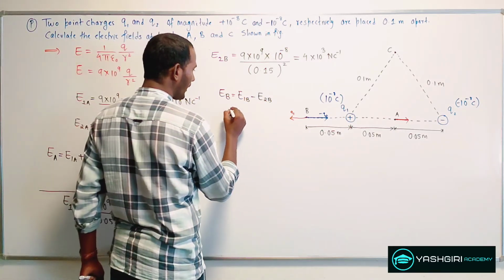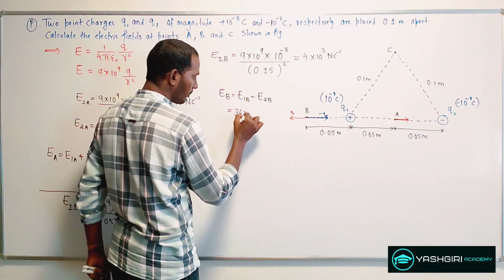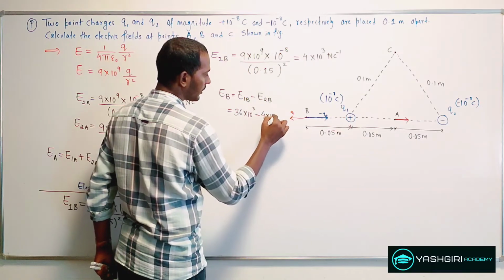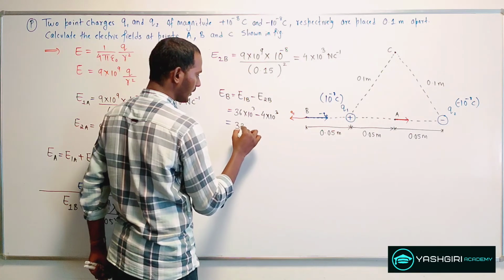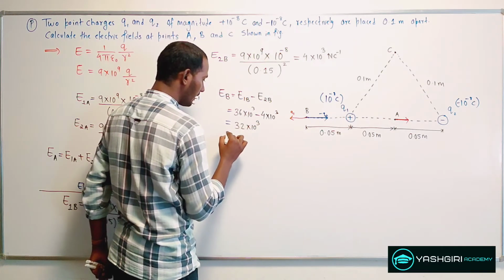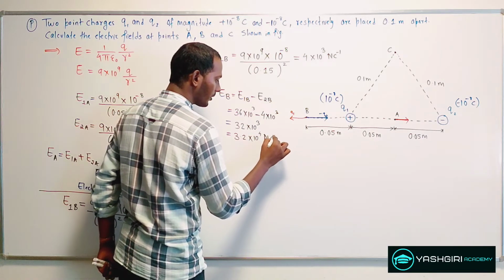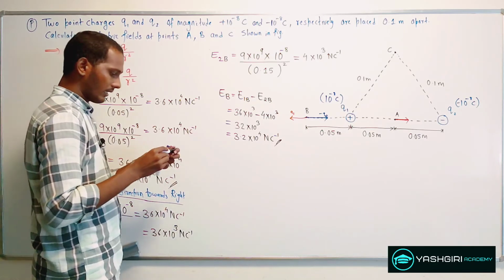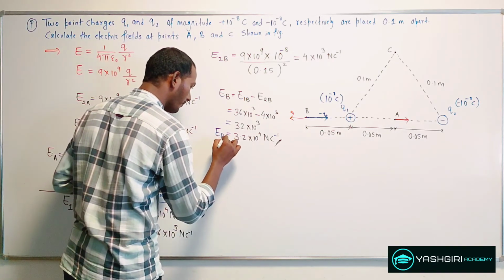I know the value of E1 at B is 36 into 10 to the power 3 minus 4 into 10 to the power 3. That gives me 32 into 10 to the power 3, which I can write as 3.2 into 10 to the power 4 Newton per Coulomb. So that is the net electric field at point B.